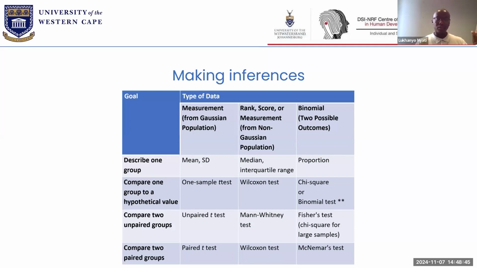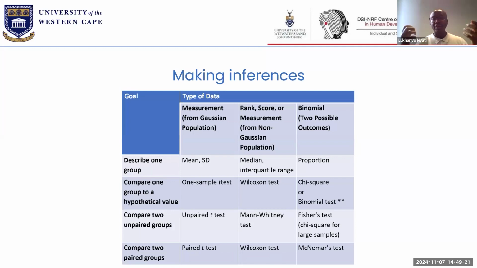You measure your participants before, and you find the values of blood pressure for each individual, and you measure the same individuals after that dietary intervention. Then you assess your blood pressure again, and you see whether there's been a change in blood pressure. That is a paired scenario, so for that you use a paired test.